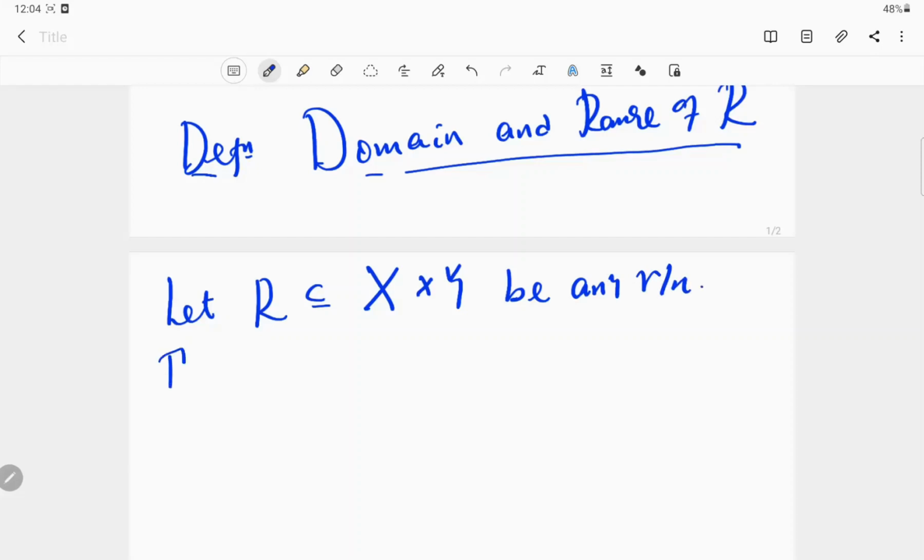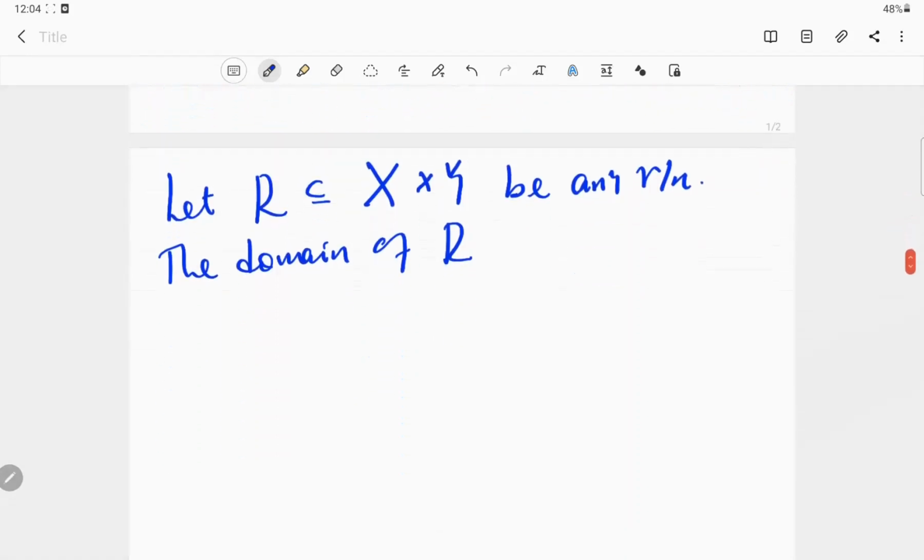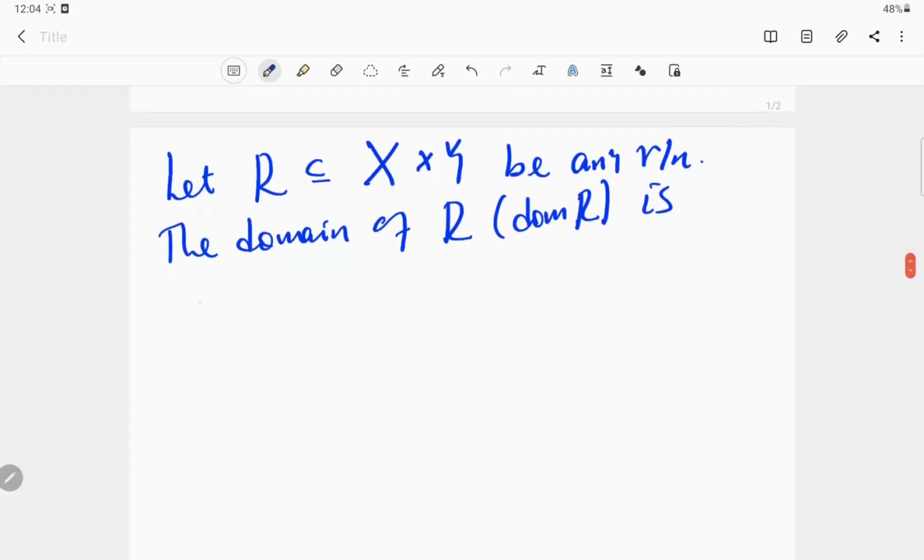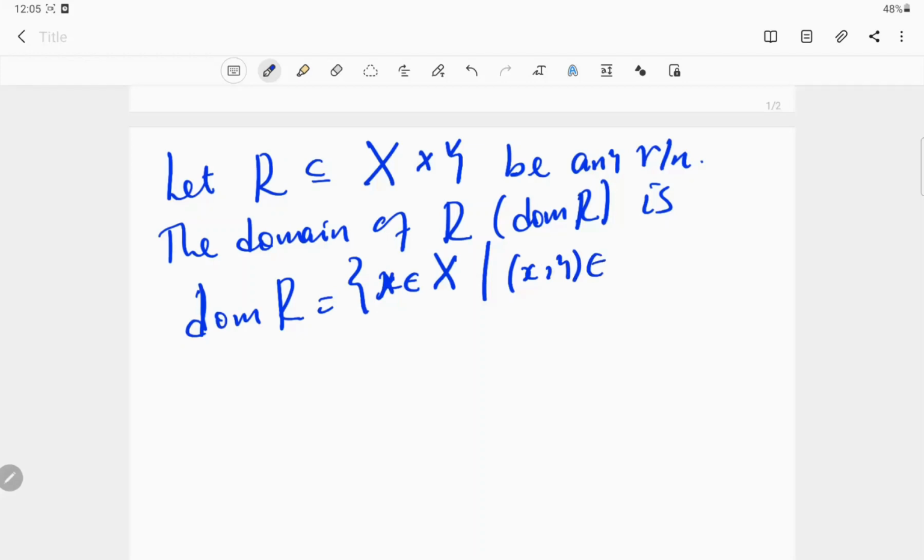Then the domain of R, denoted by domain of R, is defined as the set of all first coordinates, the set of all x in X such that the ordered pair (x, y) is in R for some y in Y. In other words, it is the set of all first components.